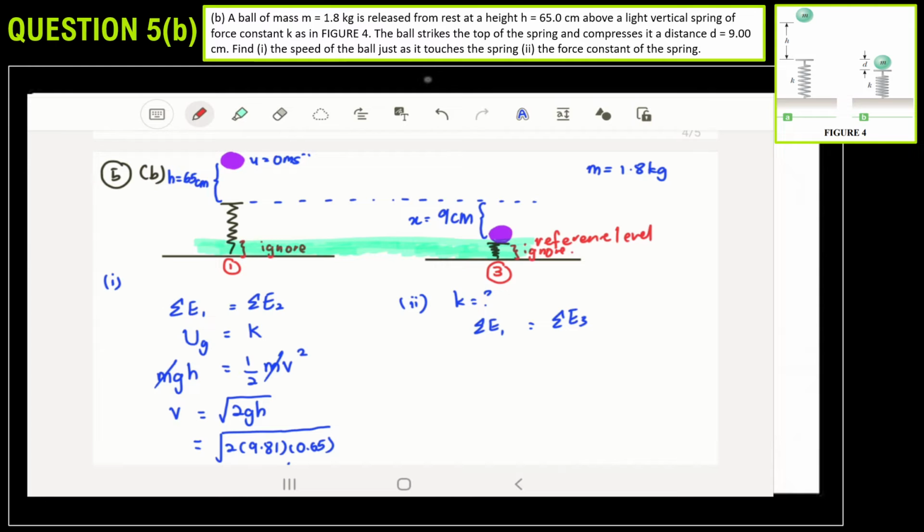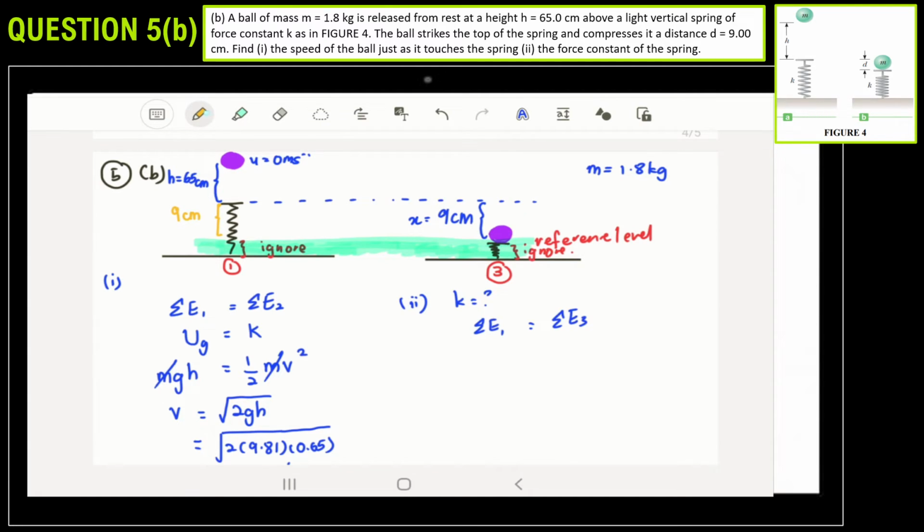Bila saya dah set reference level saya, yang bawah tu saya akan ignore. You can see here, the height of the ball in the first stage is 65 cm plus this height, which is 9 cm. Ini saya lukis, this is 9 cm.